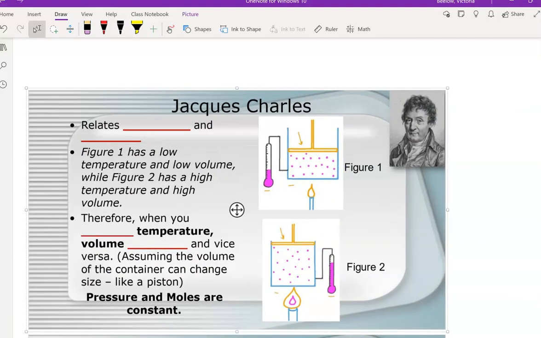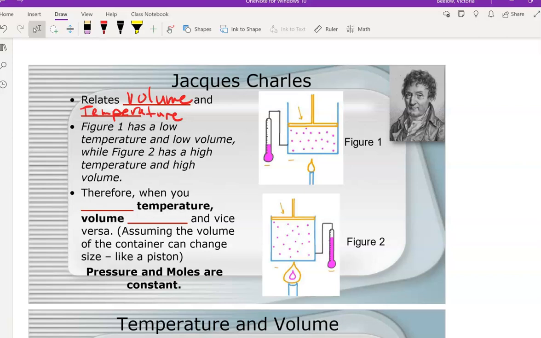So Charles' Law relates volume and temperature. This is probably one of the more difficult concepts to understand in terms of the gas laws.